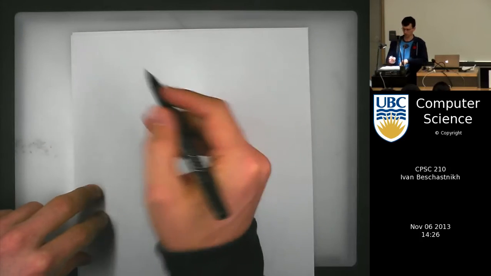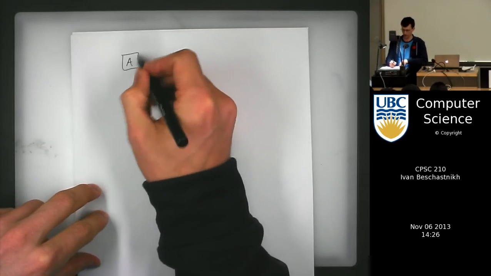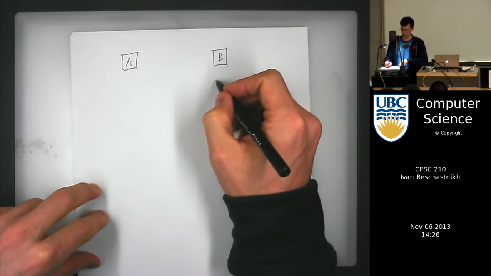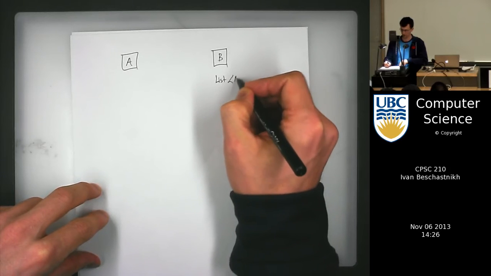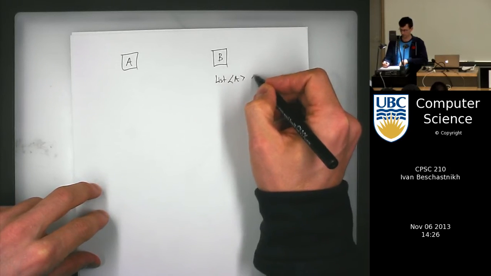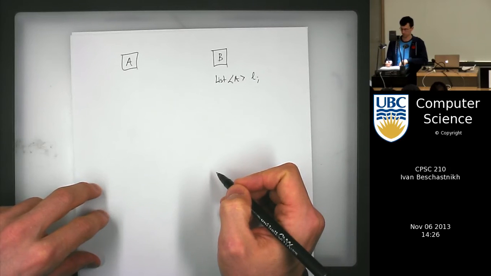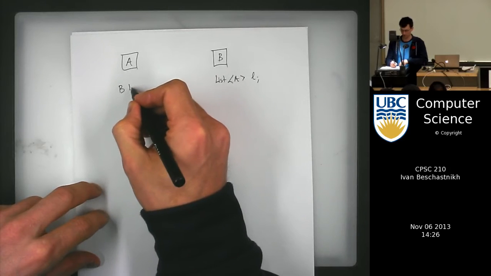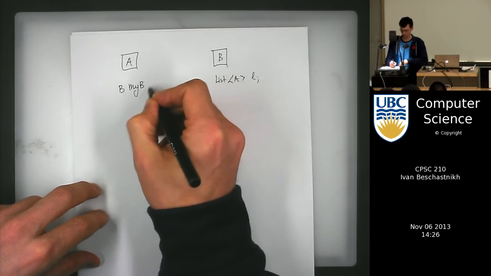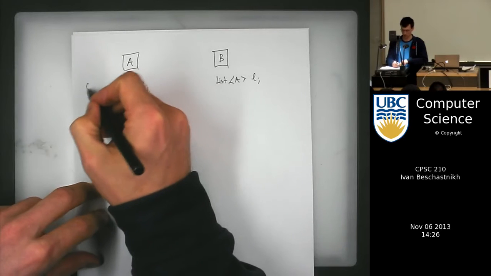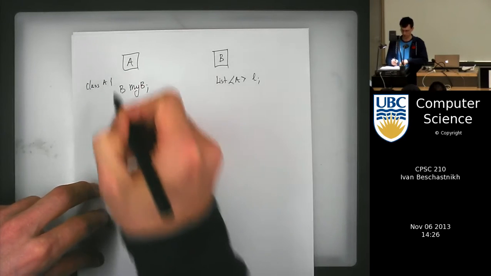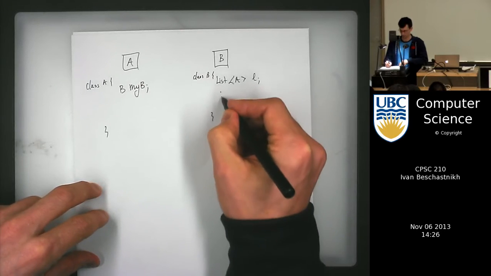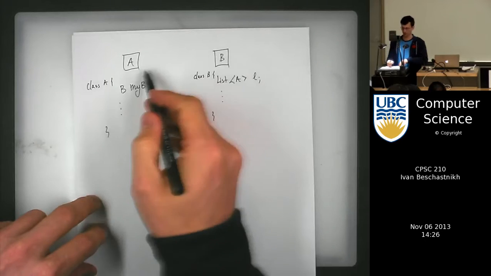Yeah. So if I have two classes, A and B, and I see that inside of B, I have a list of A's. And inside of A, I maybe see a my B. So this might be my class A. This might be a class B. So there's some kind of relationship between these.